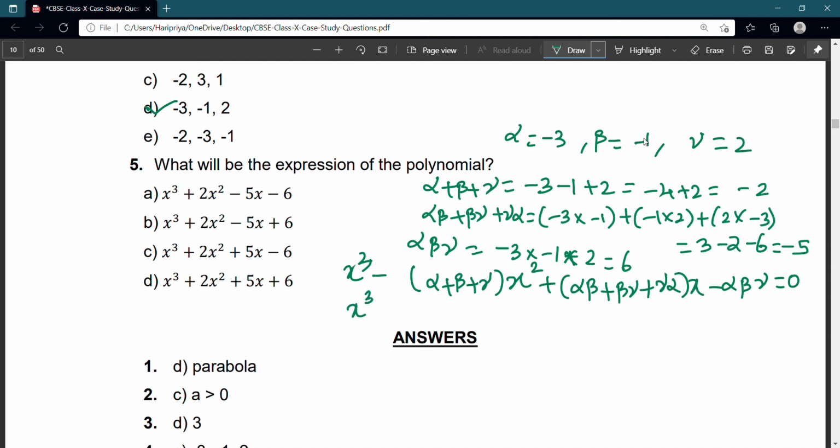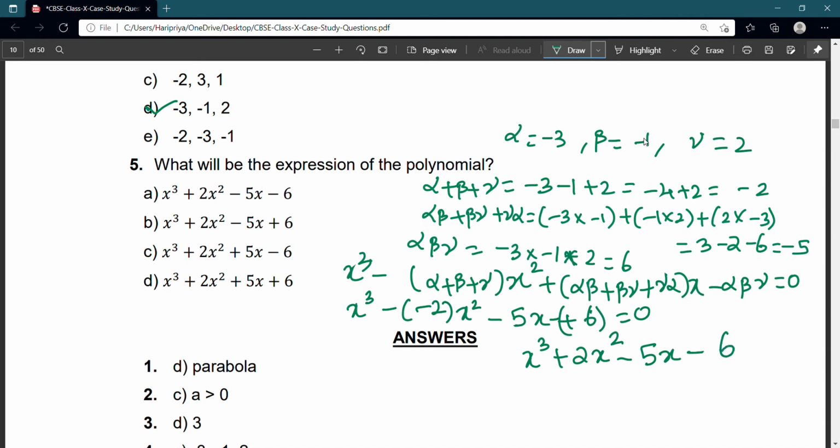So x cube minus 2x square minus 5x plus 6. Here you have plus and this is minus, so minus of plus 6 equal to 0. So your equation is x cube minus into minus, plus 2x square, minus 5x, minus into plus, minus 6.